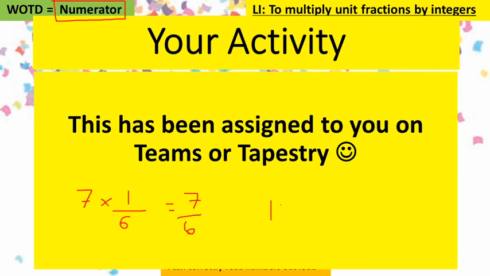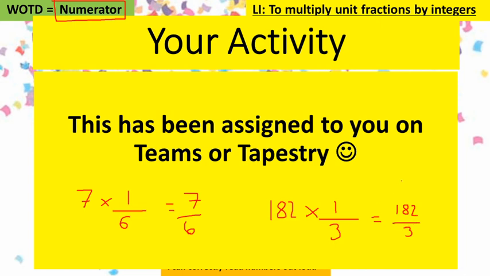Let's just do another one, 182 times 1/3. I'm not going to make this into a mixed number afterwards. 182 times 1 is 182 thirds.